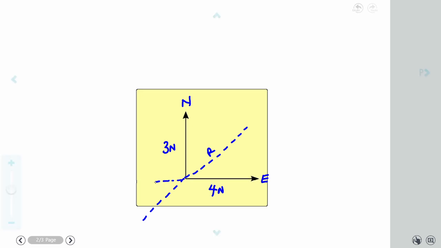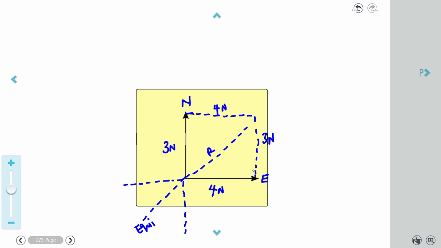So here we have the equilibrium. Now, let's say we reflect these sides on the plane. Then we have here 4 Newton and 3 Newton here.